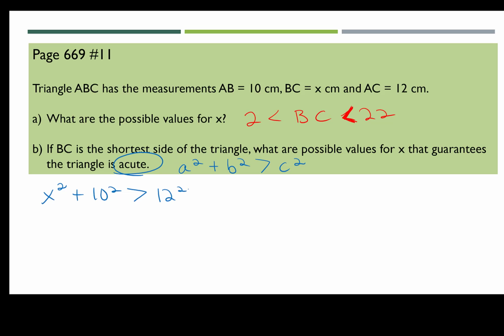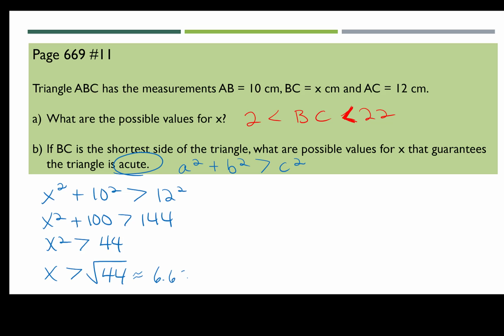So the first thing we're going to do is just solve for x. X squared plus 100 has to be greater than 144. X squared has to be greater than 44. And then x has to be greater than the square root of 44, which is approximately 6.63.